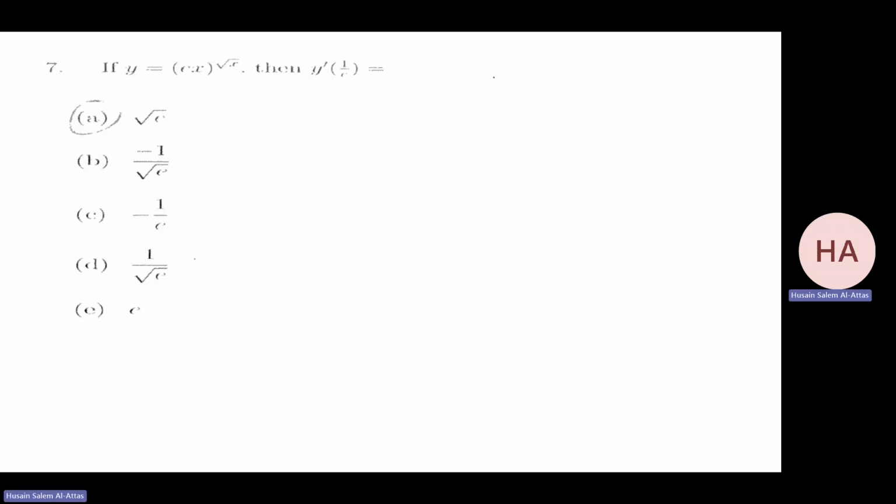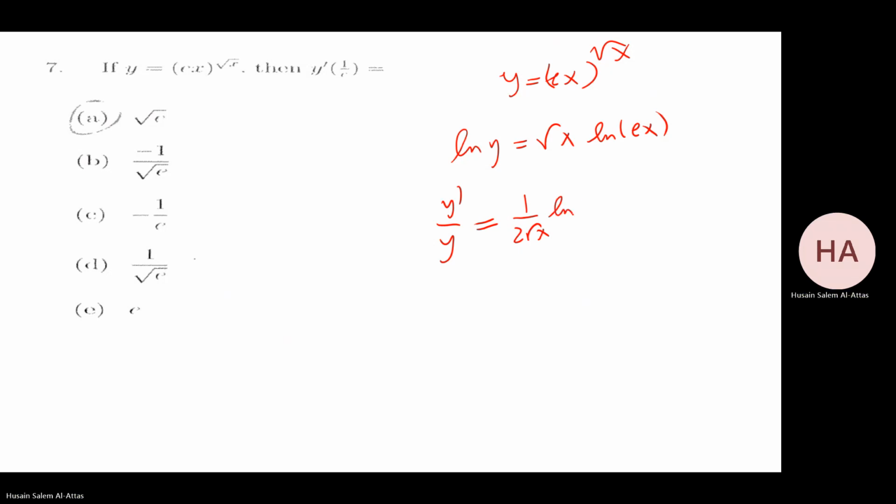y equal e to the power ax to the power square root of x. So ln y is square root of x ln ax. So y prime over y equal what? 1 over 2 root x ln ax plus root x times a over ax.